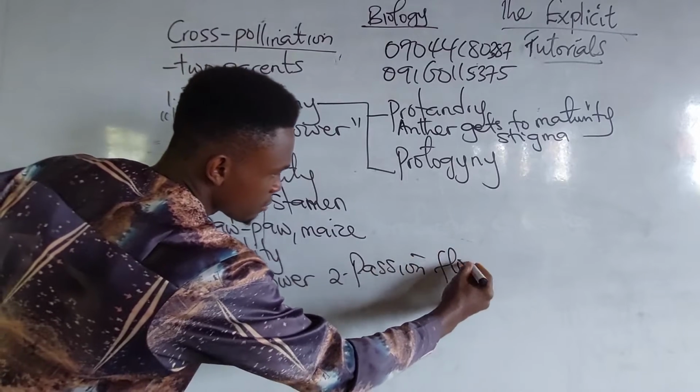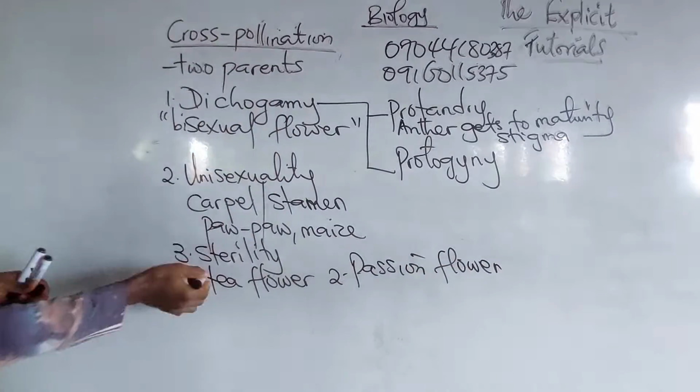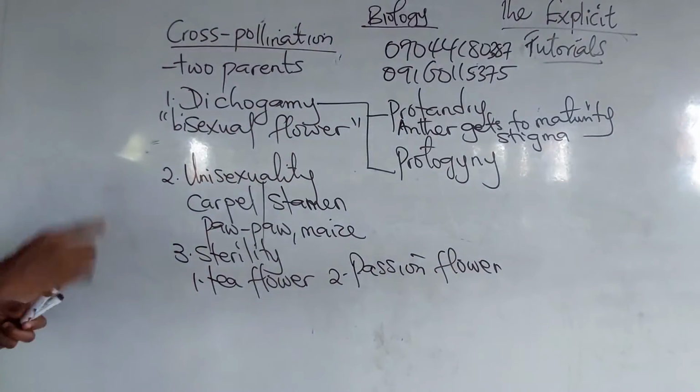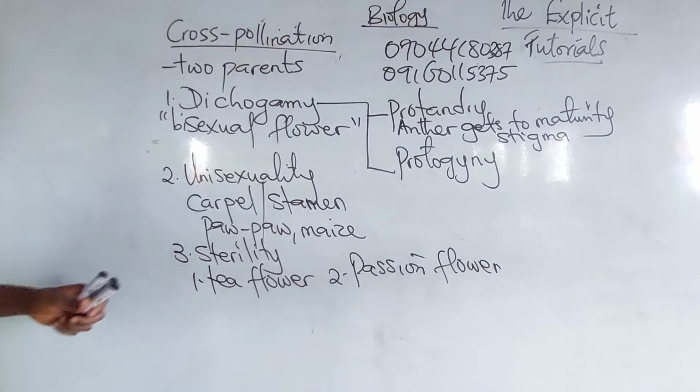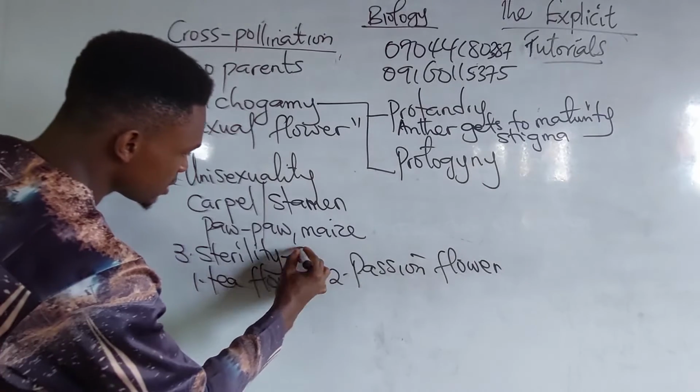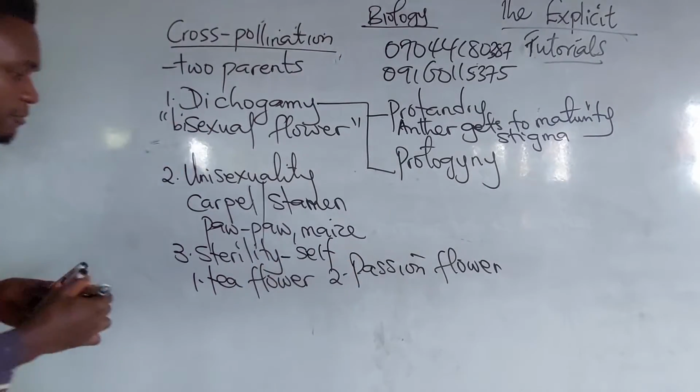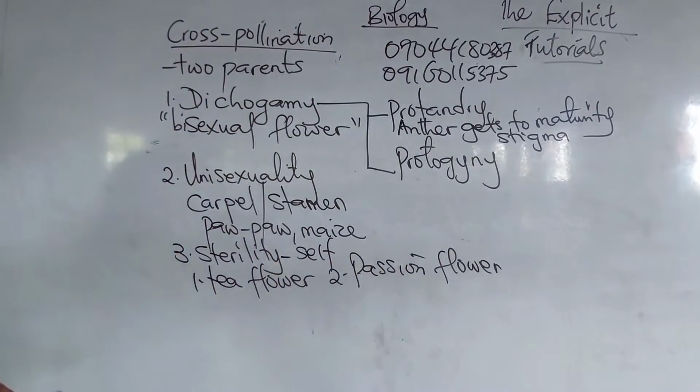So these are the three conditions that enhance pollination: dichogamy, unisexuality, and self-sterility. Please take note of that.